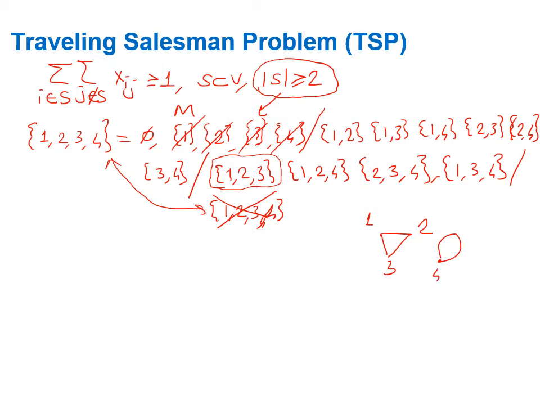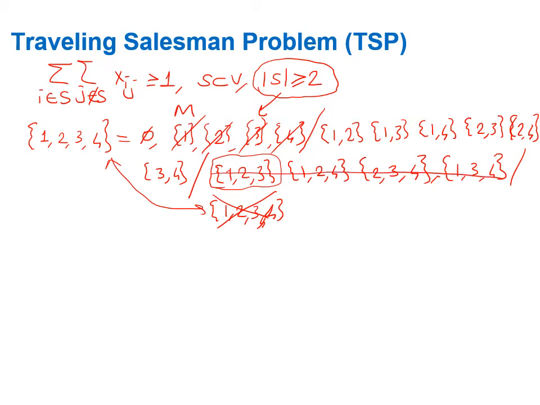And since we eliminated this subtour by writing a big M in the distance matrix, it's clear that we will not have such a subtour again. So we don't need to write a subtour elimination constraint for 3 elements. We just eliminate it from the single element, so we don't need these subtours again.